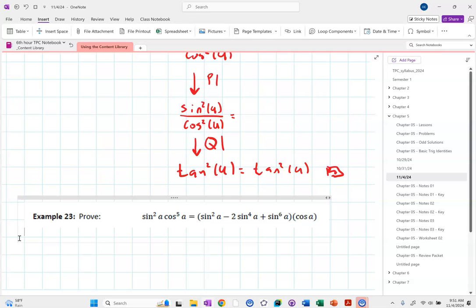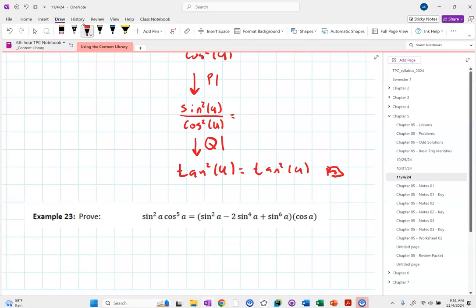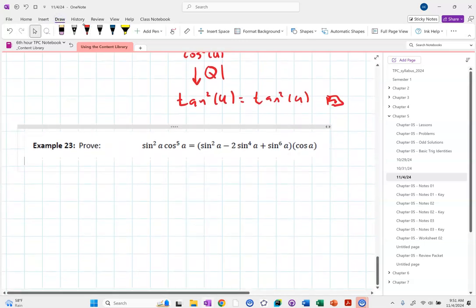Okay. All right, let's take a look here. So if I look at this, which side do you think you want to work on? The right does look like the more complicated side, correct?